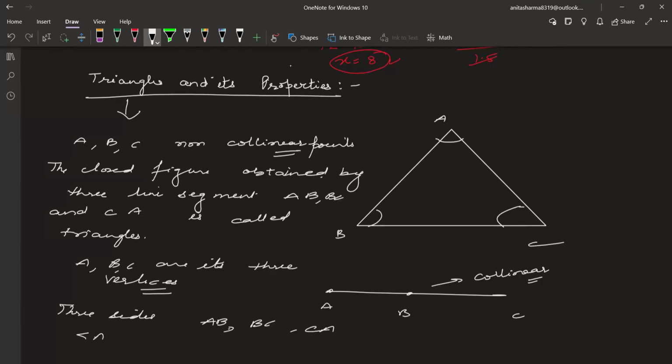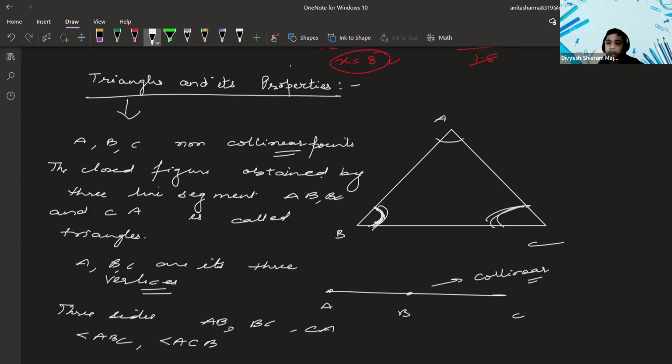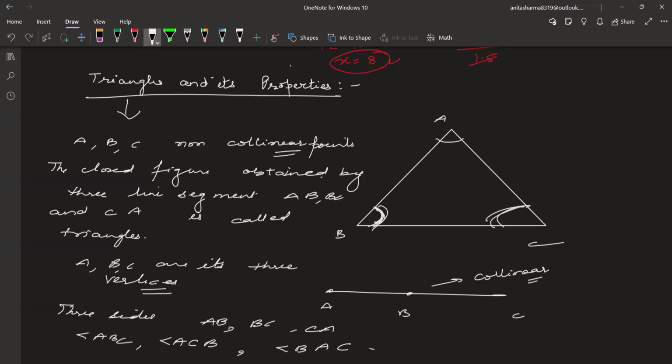One angle is angle ABC, another is angle ACB, and BAC. Or you can denote these angles as angle A, angle B and angle C. Clear, beta? Please note this. Okay, ma'am.